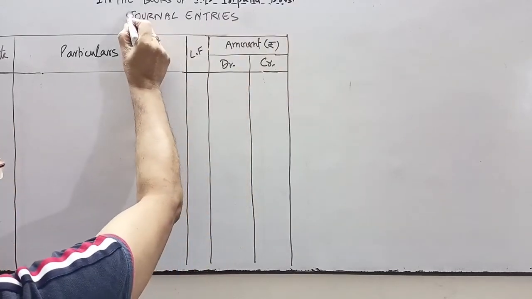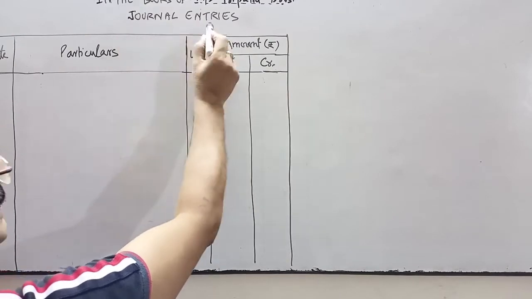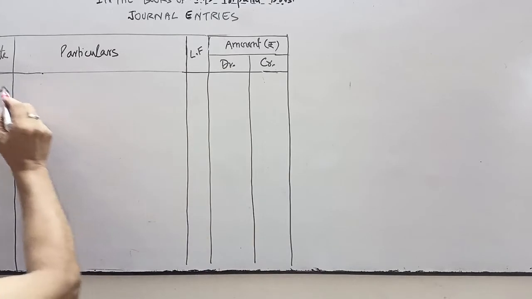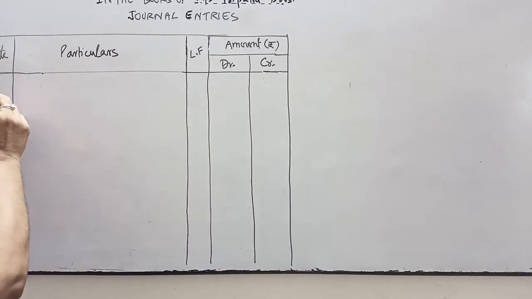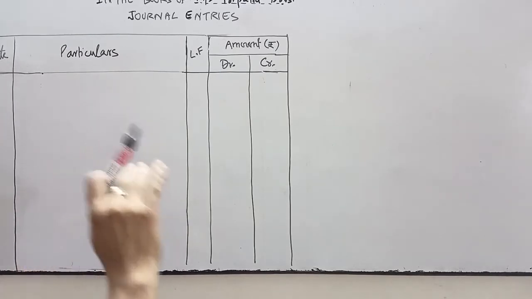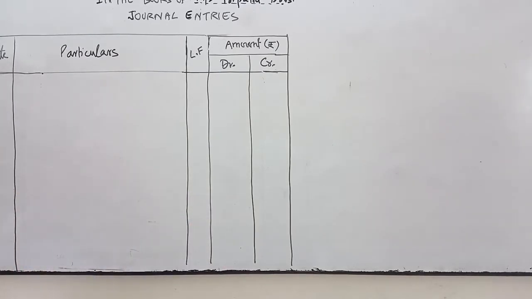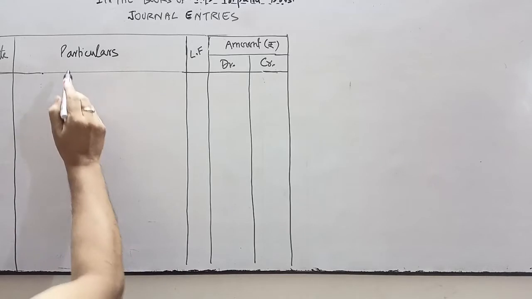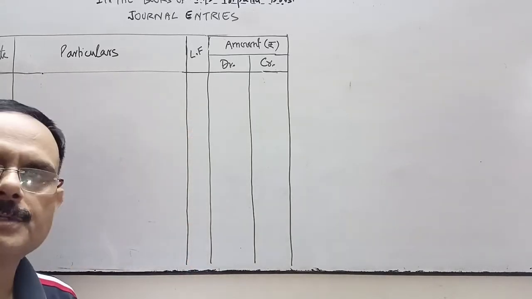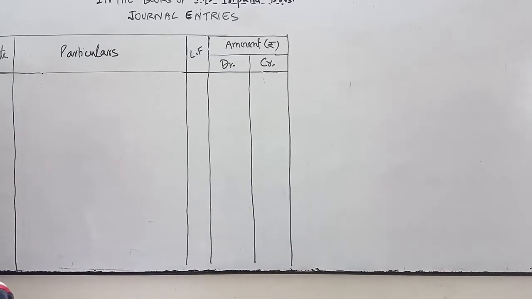Thereafter the heading will be Journal Entries. Is it clear? The format is very simple. Date: here we write the date in chronological order, in sequence. Particulars: all the details, whose account will be debited and whose account will be credited and by what amount, and the short explanation which is called narration.